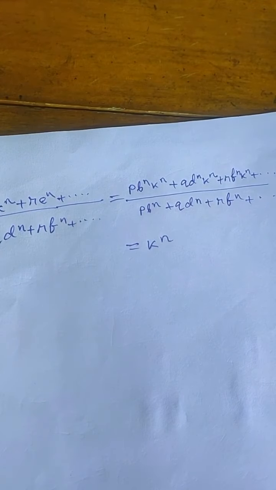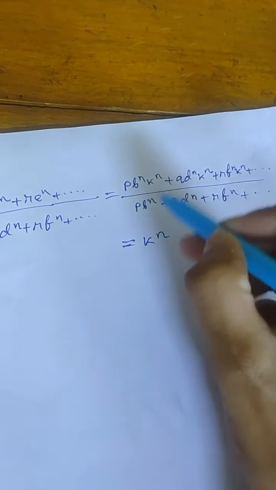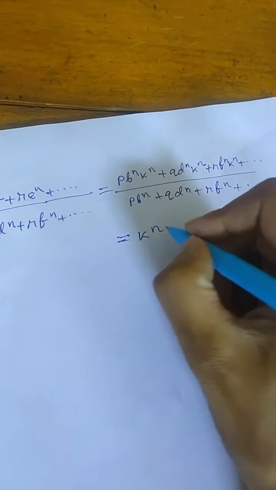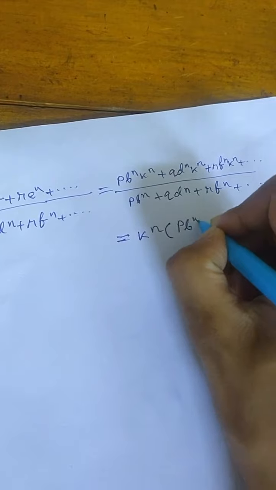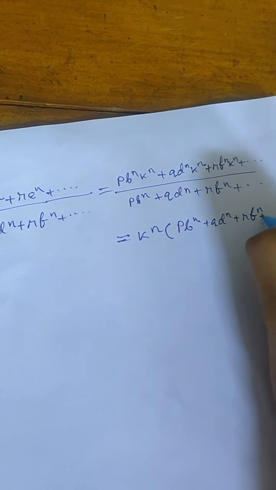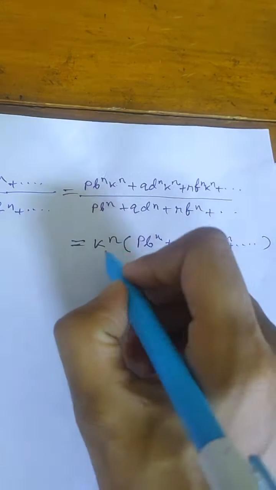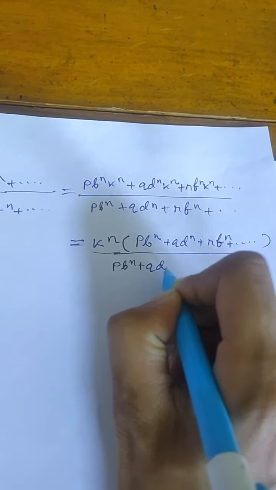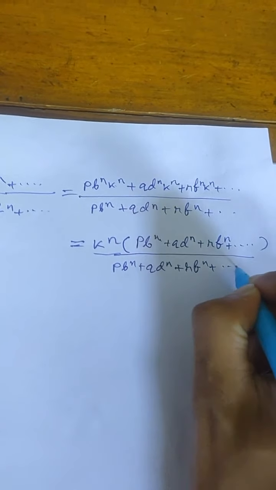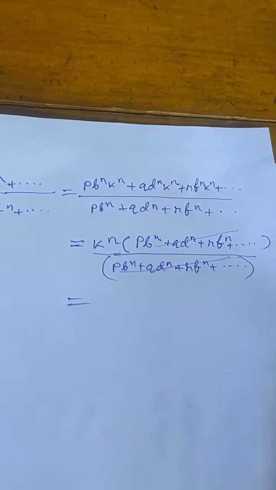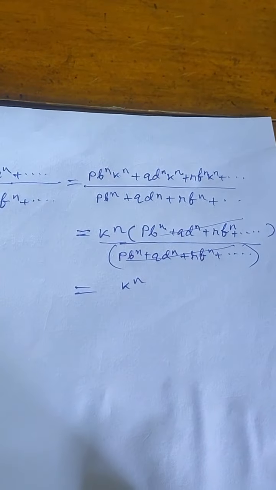Now how will we get k to the power n? If we see here, we can take out k to the power n as common. I will do one more step, if you don't understand. p b to the power n plus q d to the power n plus r f to the power n plus like this, divided by p b to the power n plus q d to the power n plus r f to the power n plus like this. So we can cut this one with this one, and it will remain as k to the power n.